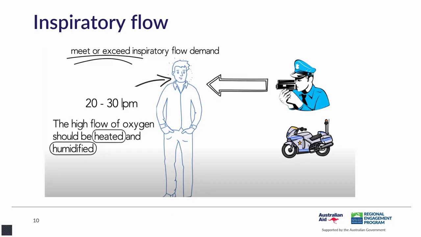So putting them on nasal prongs, which only delivers up to 5 litres per minute, is not going to be enough for that patient. Does that make sense? Because nasal prongs can only deliver 5 litres a minute, whereas the patient needs 50 litres a minute. Please feel free, if you want me to go over that again, or if you have any questions, please let me know.